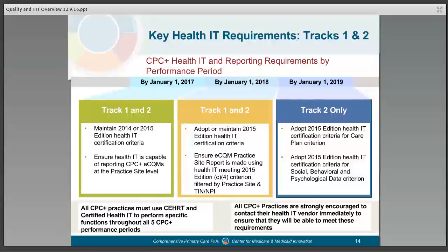By January 1st, 2018, both tracks 1 and 2 must adopt or maintain 2015 edition certified health IT, and they must also ensure that their eCQM practice site report is made using the health IT meeting the 2015 edition C4 criterion for filtering. And this again is filtering by practice site and a combination of TIN and NPI. Later on the right, you'll see by January 1st, 2019, there are different requirements for track 2 practices. We'll talk about those later, and they'll also be dealt with later on in the year.